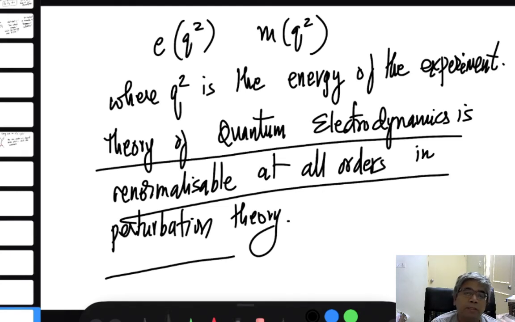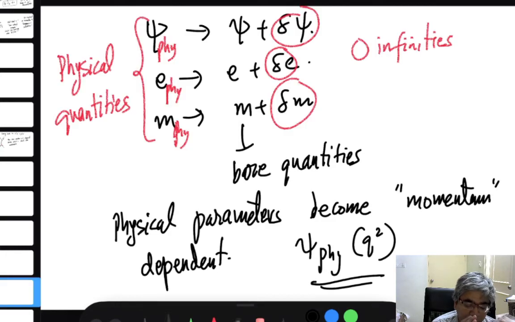There will be infinities. These infinities can be absorbed by redefining your fields. For example, you redefine all the parameters like psi, e, m.